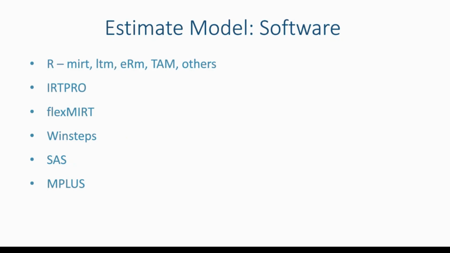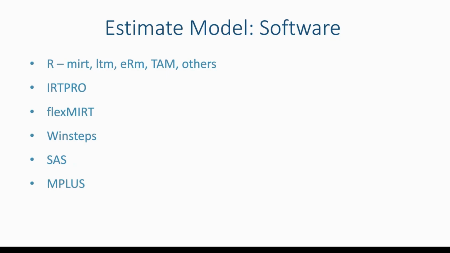And what's really cool about flexMIRT beyond IRTPRO is that it allows you to go into the multi-level IRT world, unlike IRTPRO. And then WINSTEPS is a very popular software used within the Rasch paradigm. And then SAS is another one that's out there too that you can use that's primarily code-based for doing a wide variety of IRT models.